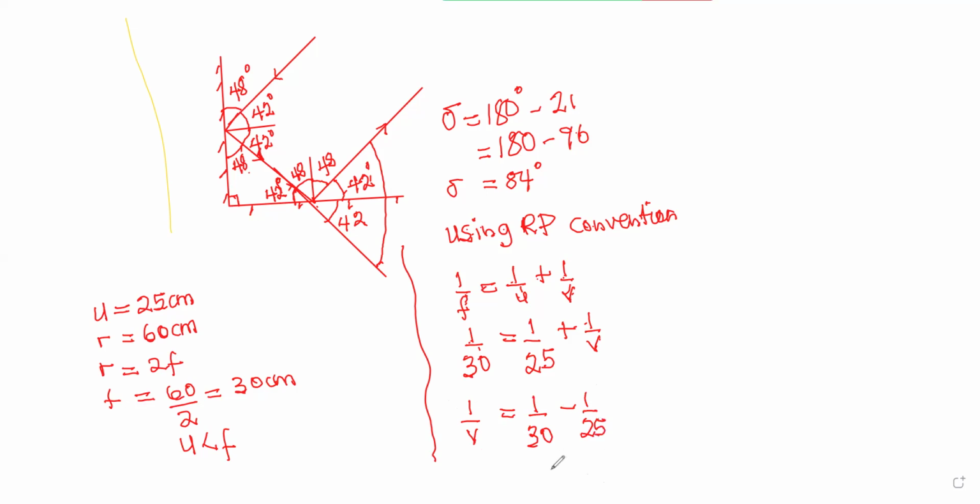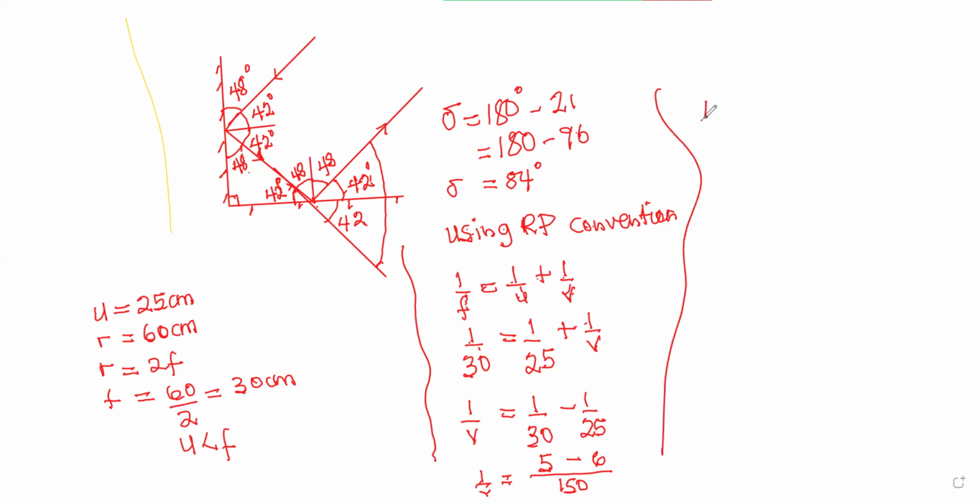What's the LCM of 30 and 25? 150. 30 goes into 150 five times, and 25 goes into 150 six times.